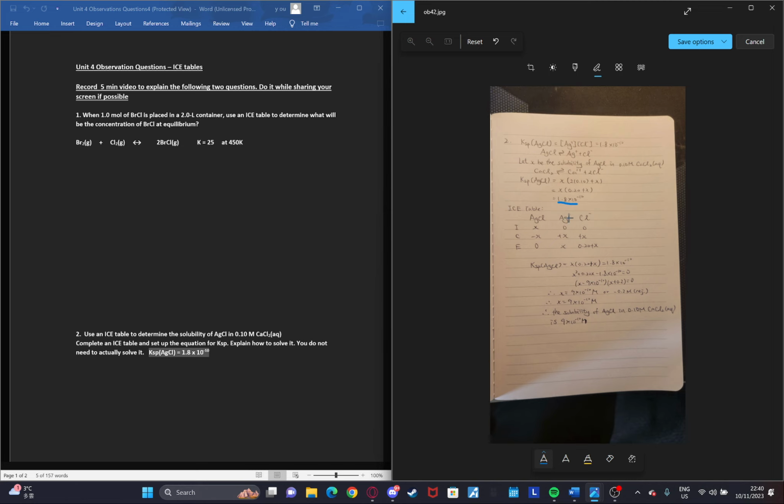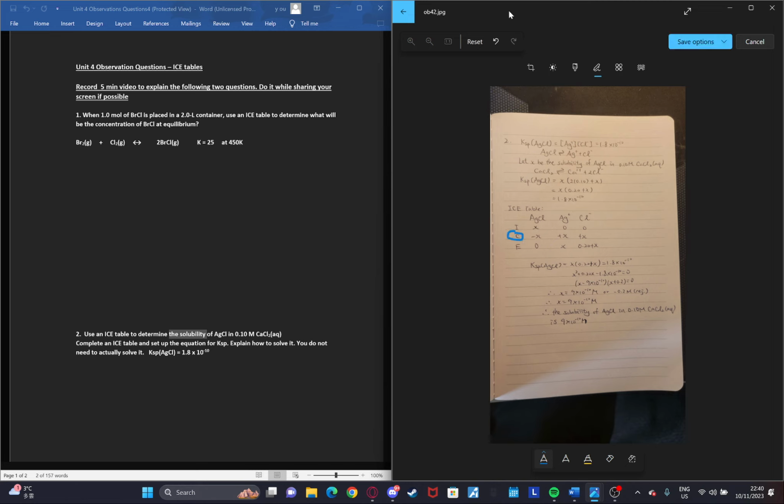And from using an ICE table perspective, we start off with AgCl with initial concentration of x because we don't know its solubility, which is x. And then the ions are 0 because none of them have formed yet.